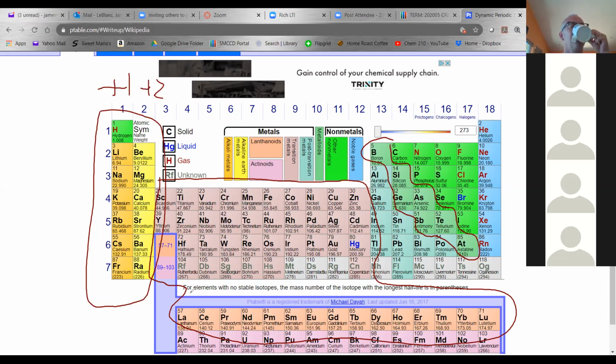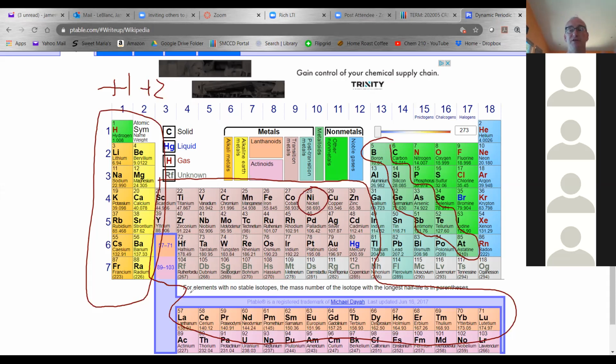They have like 3 or more. What the transition means is that they have different charges depending on what atom or ion they're bound with. For instance, nickel here.